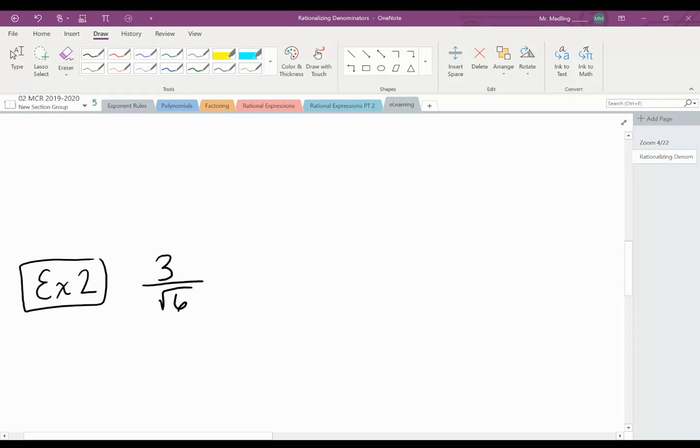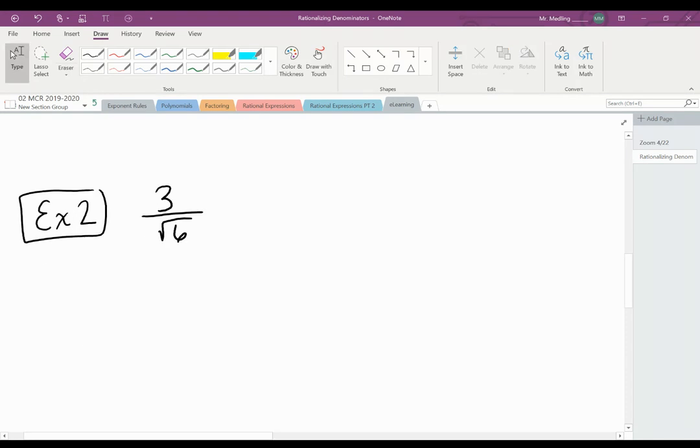All right, so 3 over the square root of 6. Same process: I'm going to multiply by 1 to get rid of that radical. This time I'm going to pick the square root of 6 over the square root of 6. When I multiply up top, I have 3 square roots of 6 over 6.